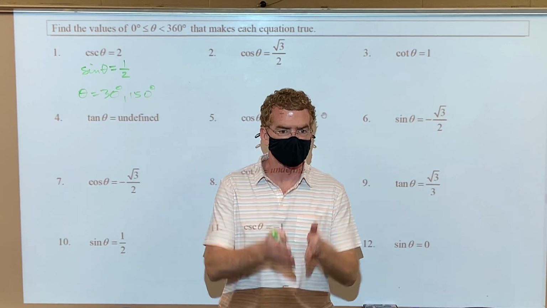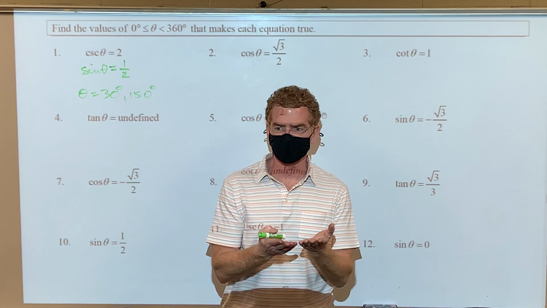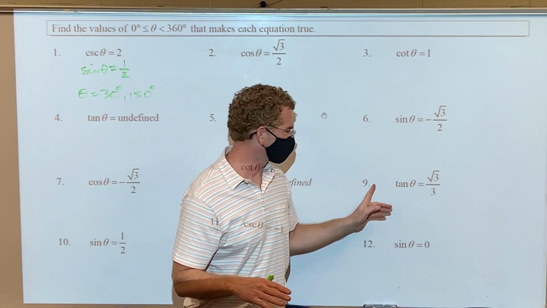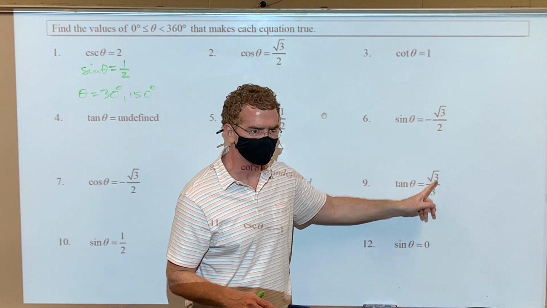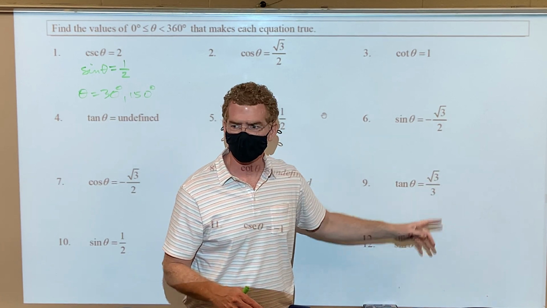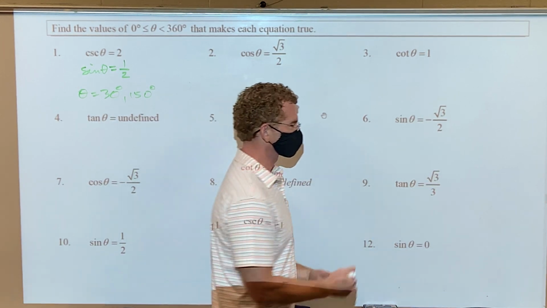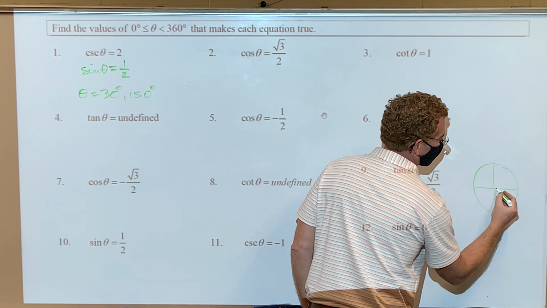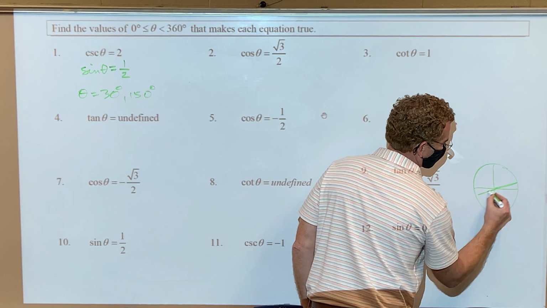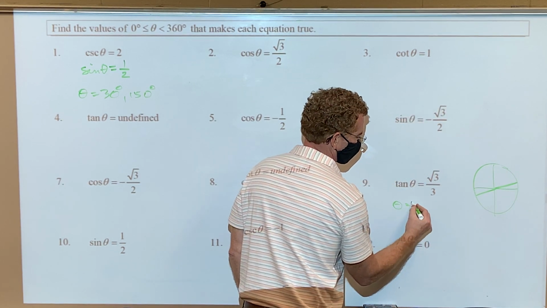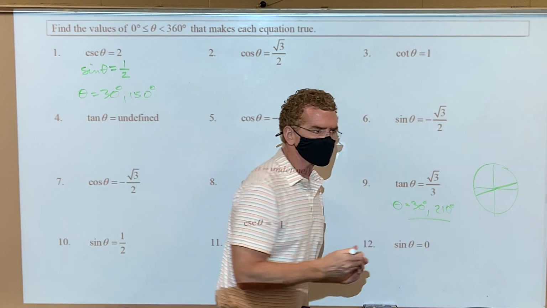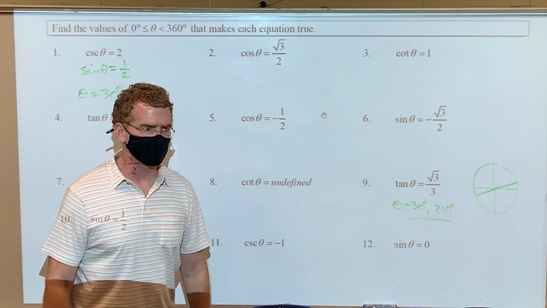Remember, root 3's were the big angles. Root 3 over 3's were the smaller angles, right? So which angles had positive tangent values? Where does tangent end up being positive? First and third. So I know right now, oh, it must have been right there and right there. So it must have been 30 degrees and 210. Are y'all seeing that? That's huge if you have that memorized.